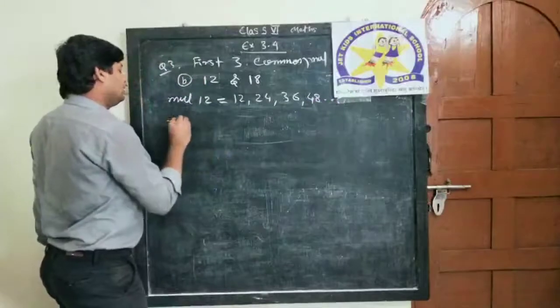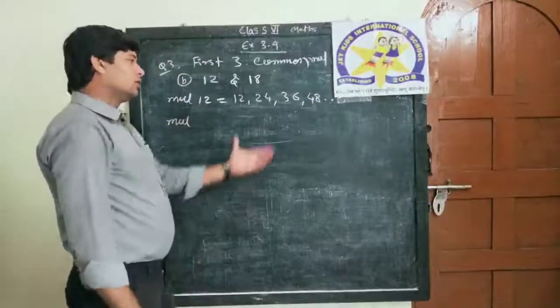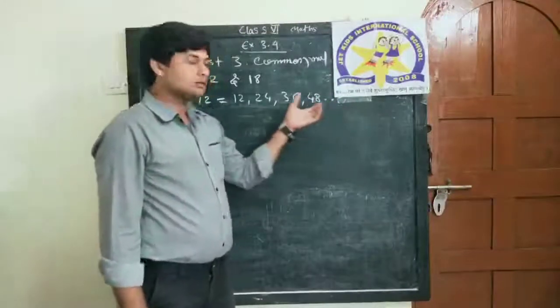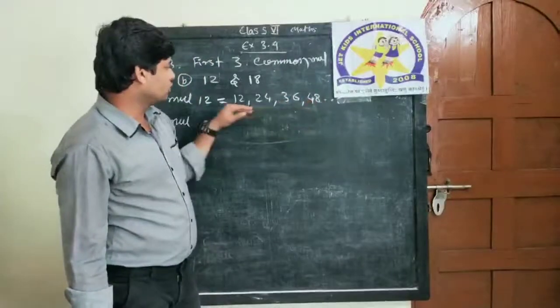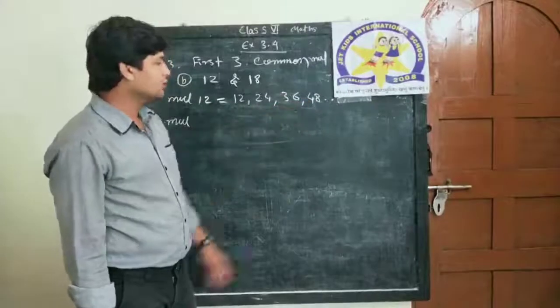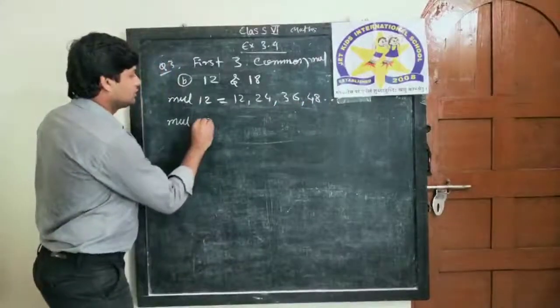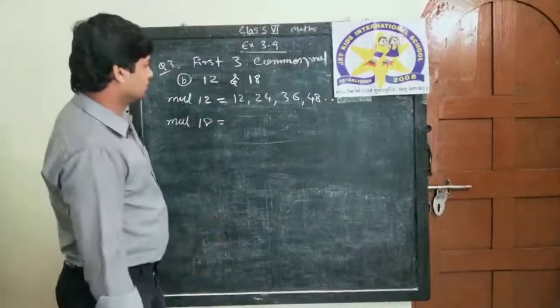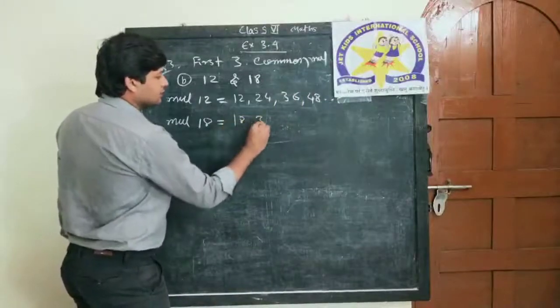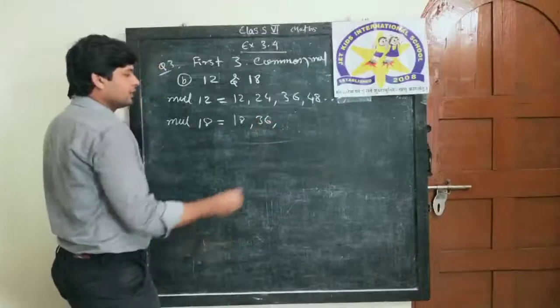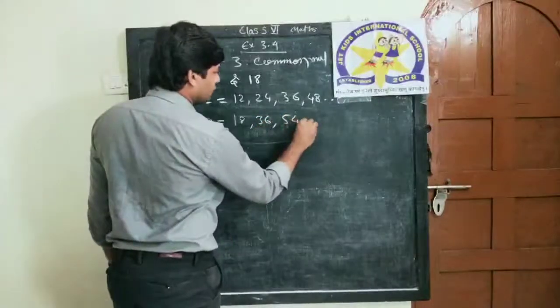You can write more multiples here, but I am writing only a few, because I know which multiple is common. Multiples of 18: 18, 36, then 54 and so on.